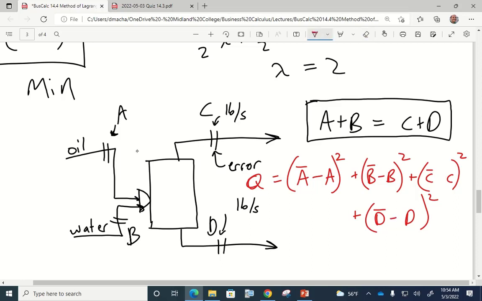And I found the difference between my made-up values that I just invented and the measured values. Squared those, add them together, it gives you some value in this function. I said, what values A bar, B bar, C bar, and D bar can you find that minimize this multivariable function with respect to this constraint equation?